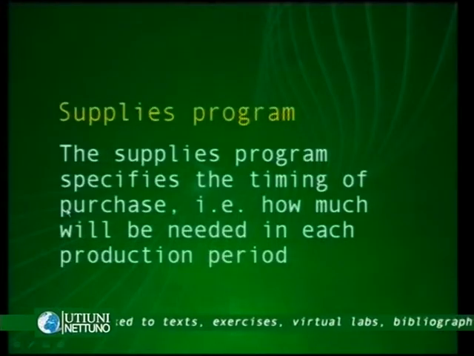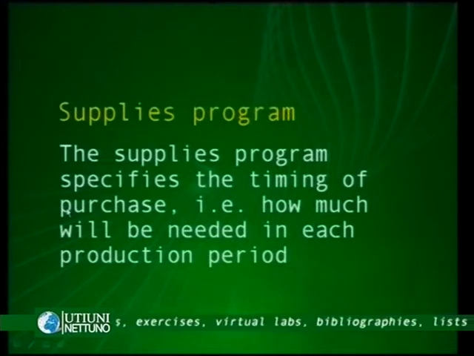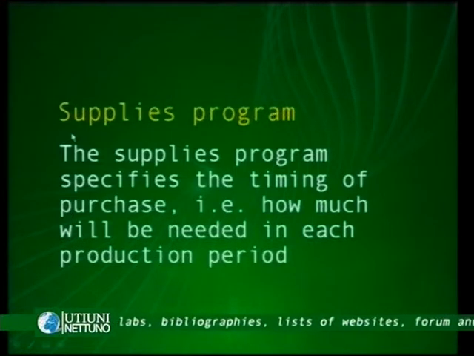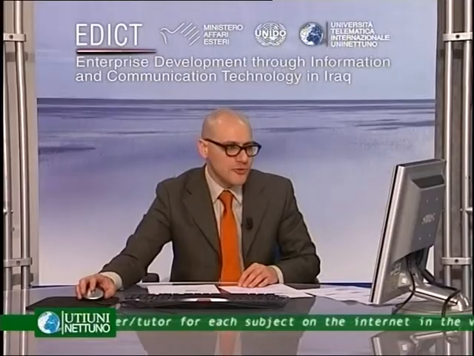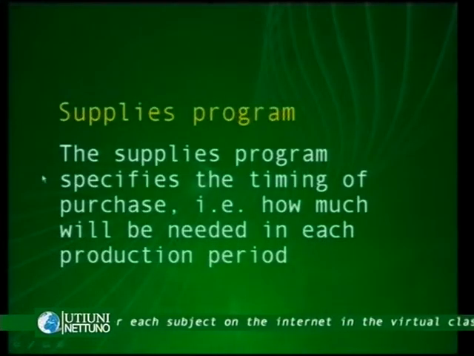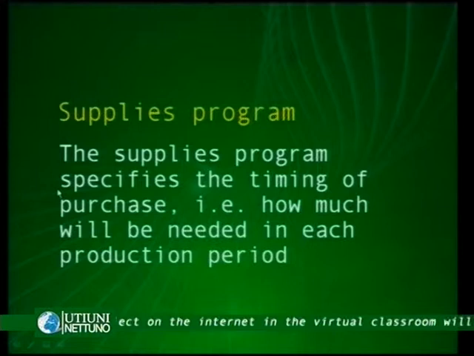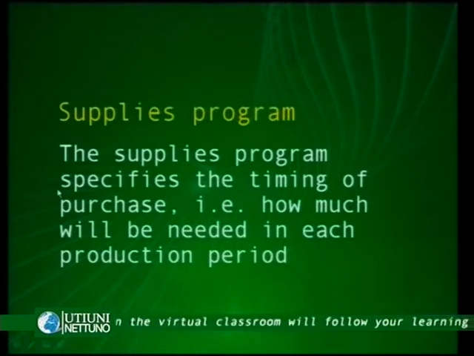Supplies program. As well as the materials and energy, we have a supplies program which is made of the elements that we've seen so far, and is going to help the company structure its production process and its production installation. So the supplies program specifies the timing of purchase, i.e., how much will be needed in each production period.